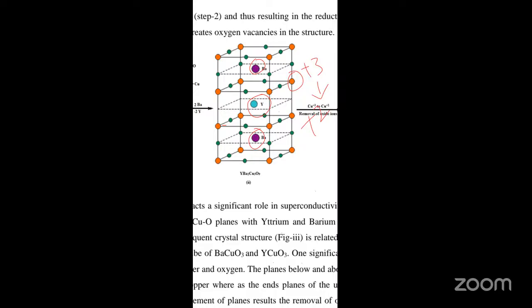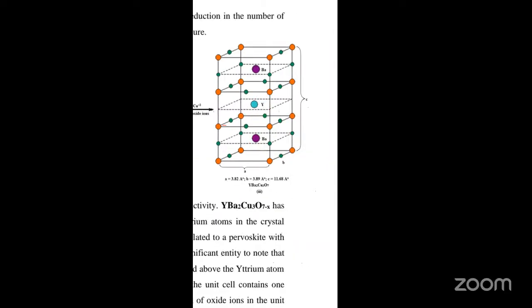During that conversion, a number of oxygens will be removed. Therefore, the oxygens match the 7 minus x formula. Finally we get the YBa2Cu3O7 minus x crystal structure. You have to remember and draw only this diagram in the examination. Only one diagram is enough.